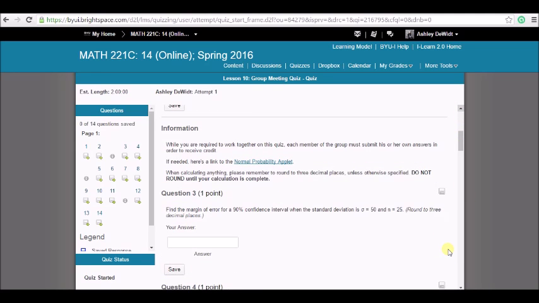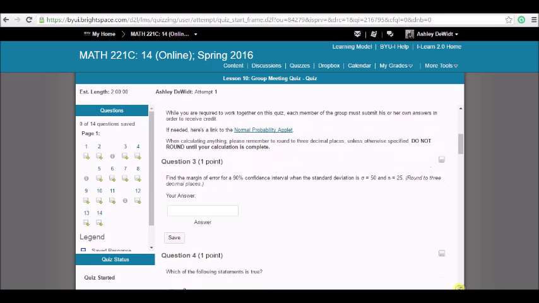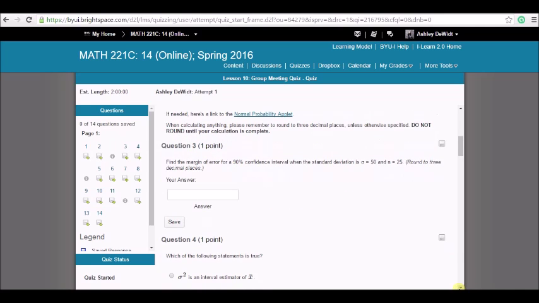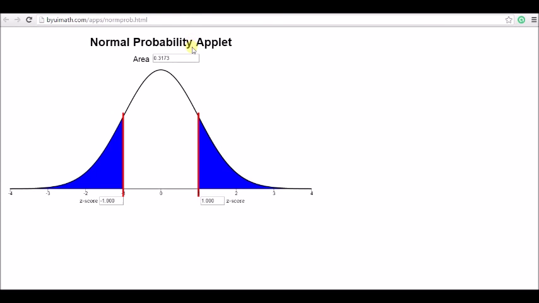Okay, so question 3. Find the margin of error for a 90% confidence interval when the standard deviation is 50 and n equals 25. Round to 3 decimal places. So my thought was you're supposed to put the 90% in this normal probability applet, like the 0.90 up here.